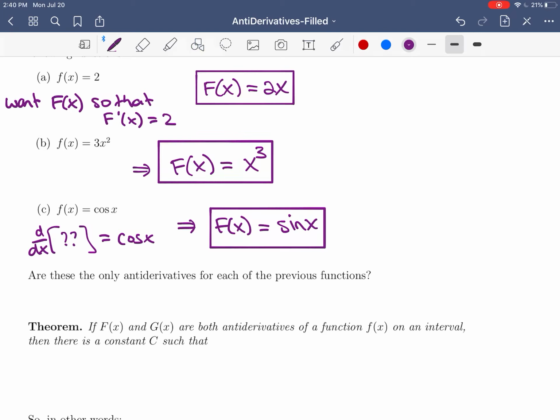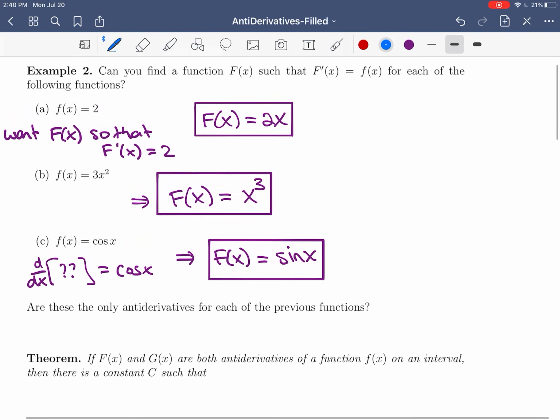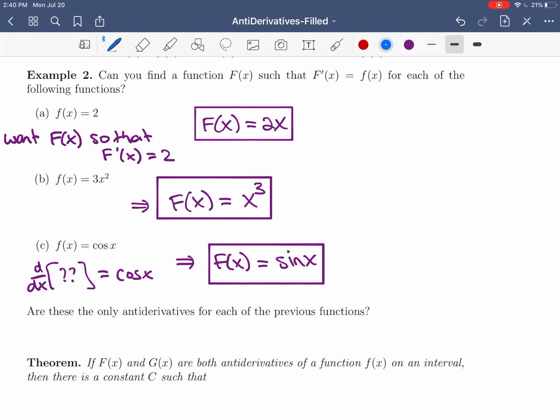Now, are these the only antiderivatives that will give these derivatives? So we want to think, could we have another function, let's say F1 of x, something else that has derivative of 2? Well, what if I add a number?